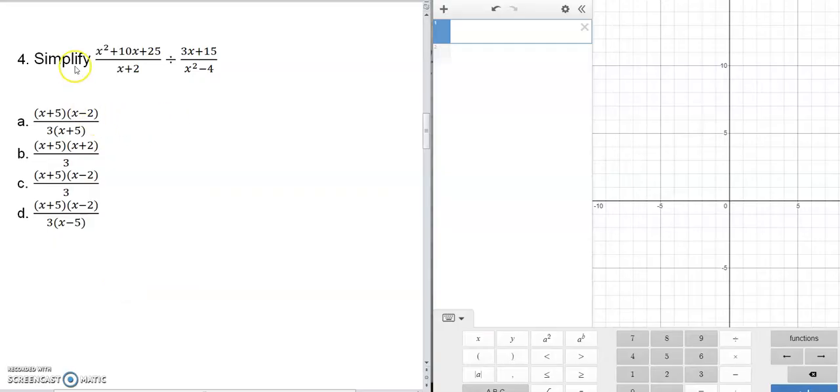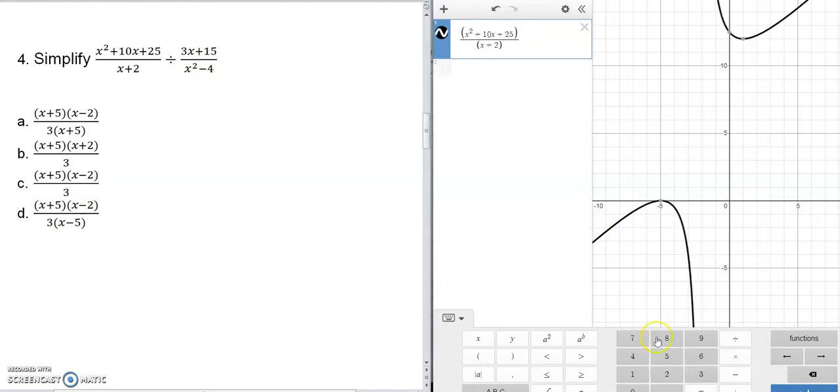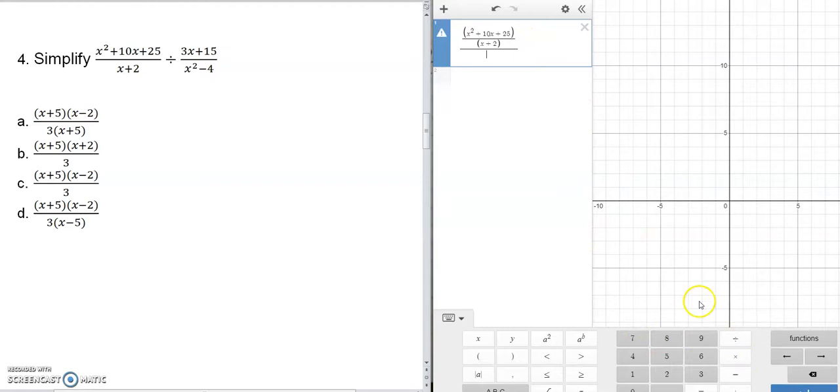Number 4, simplify this rational expression divided by this rational expression. Plug it in on Desmos. I'm just going to show you how this will come up. Even if I press the divide button, that is not going to show. Desmos will show it to you like this.